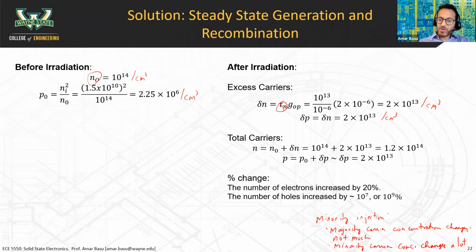I'm giving you a colloquial definition. Majority injection is where both the electron and hole concentrations change significantly.